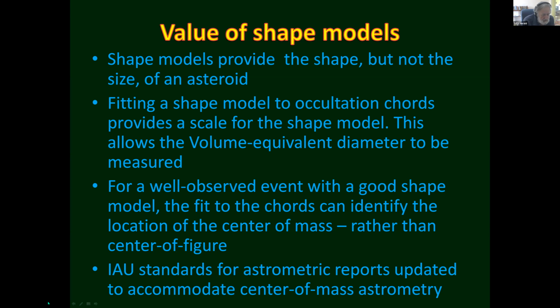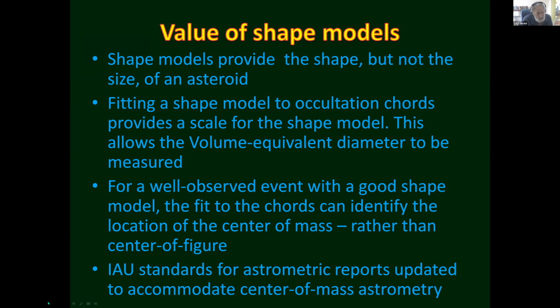One of the other interesting things is if you've got a very well observed event with a good shape model, the origin of the shape model is the center of volume. And if you assume uniform density, which is a half reasonable assumption, then the fitting of the shape model to the chords actually enables you to locate the center of mass of the asteroid and not the center of figure.